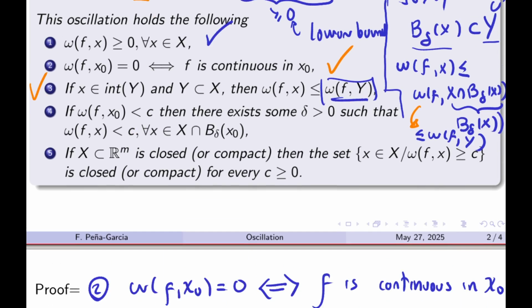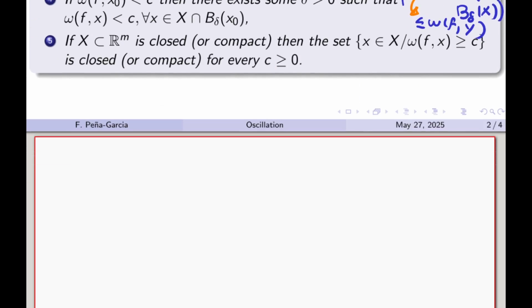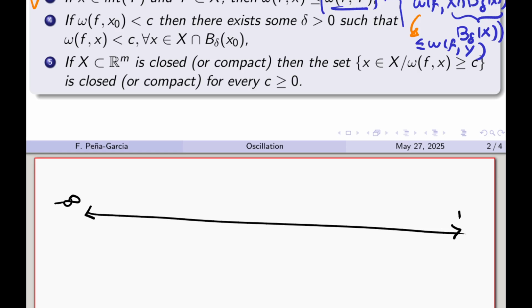So let's prove it here. Let's go with a drawing. Let's draw the real line just to order our ideas. So c is here. 0 is a bound of every oscillation. So we have that the punctual oscillation of f in x naught is smaller than c.